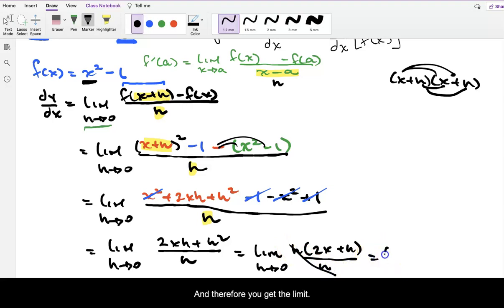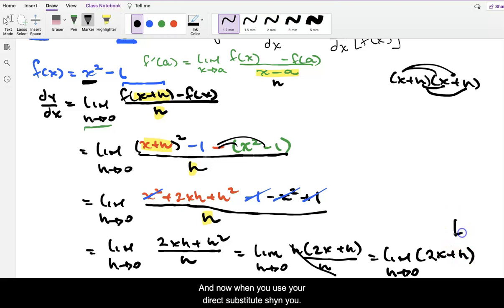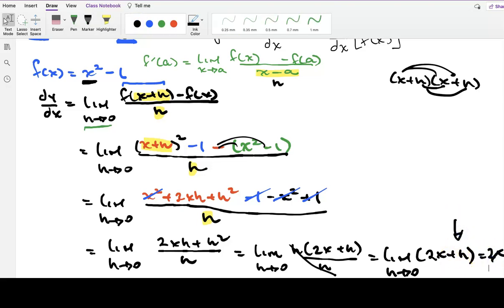And therefore, you get the limit as h approaches 0 of 2x plus h. And now when you use your direct substitution, you get 2x.